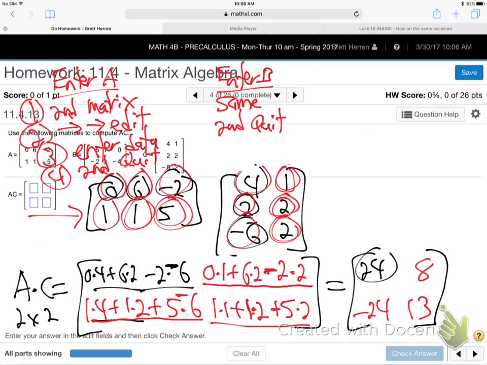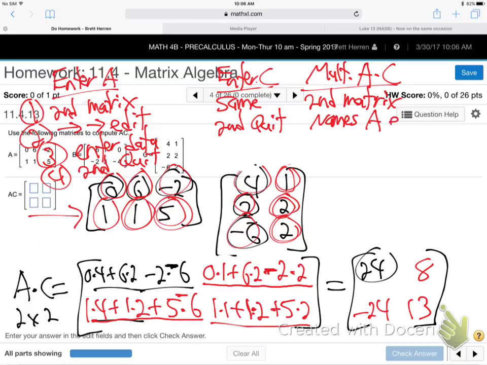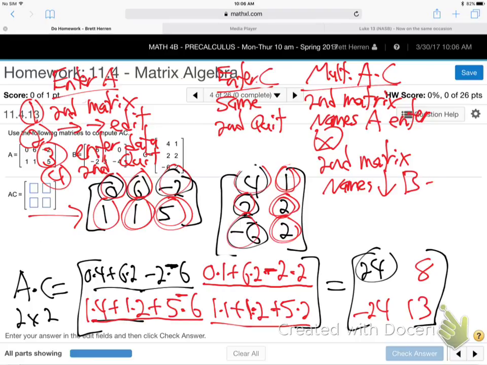And then on the main screen, to multiply A times C, you go second matrix. You just stay on the names for A, and you hit enter. And then you go times, then you go second matrix, names, down to C, and hit enter. And then hit enter one more time.